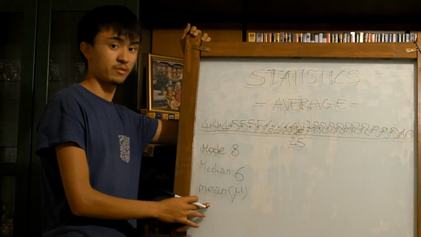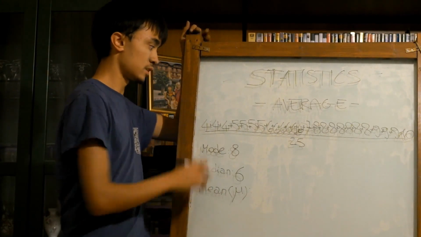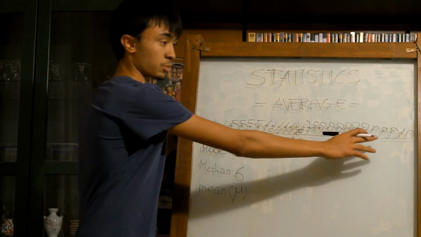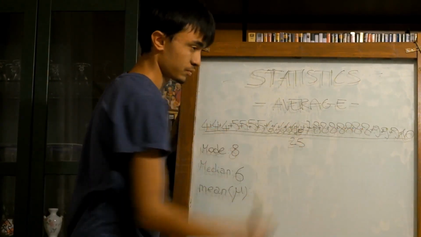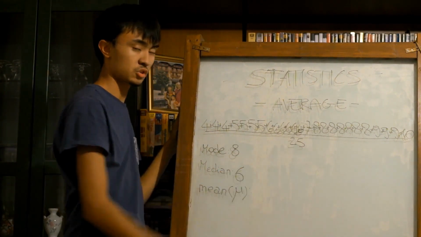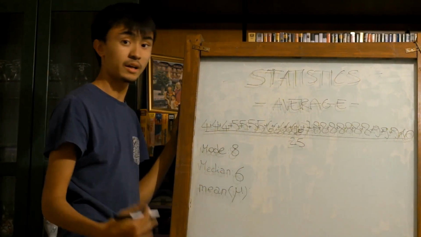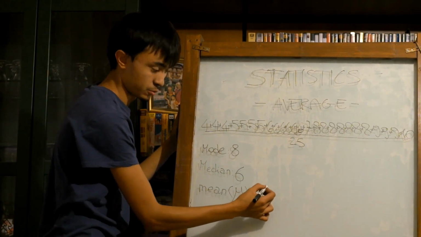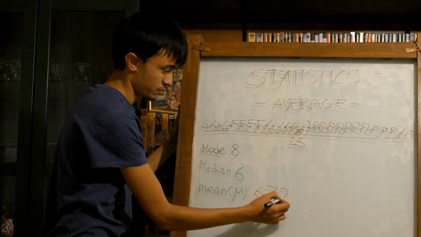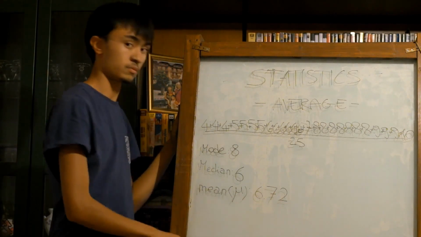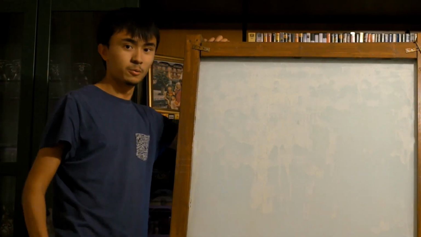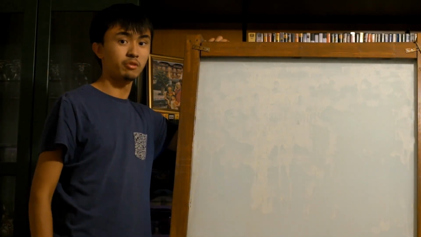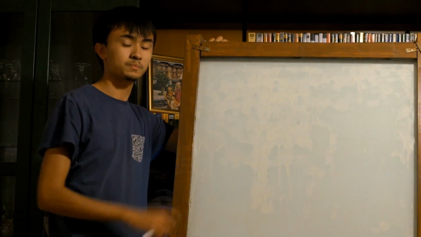And the mean, or arithmetic mean, is equal to the sum of all the elements of the population over the number of elements in the population. And in this case, it is 6.72. We reached, finally, a good average for these test scores.